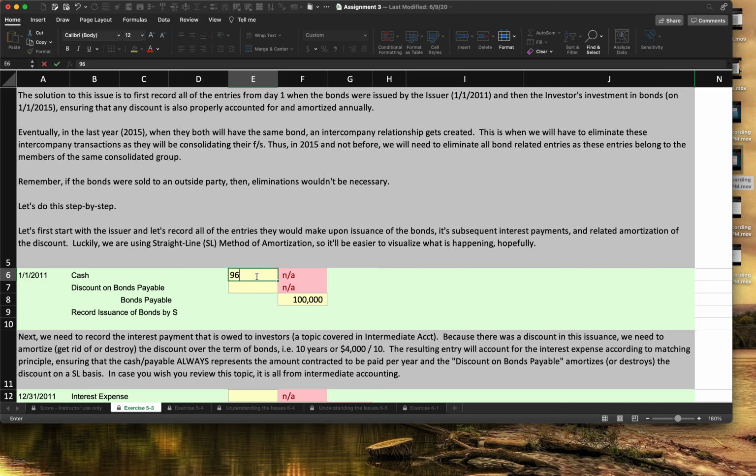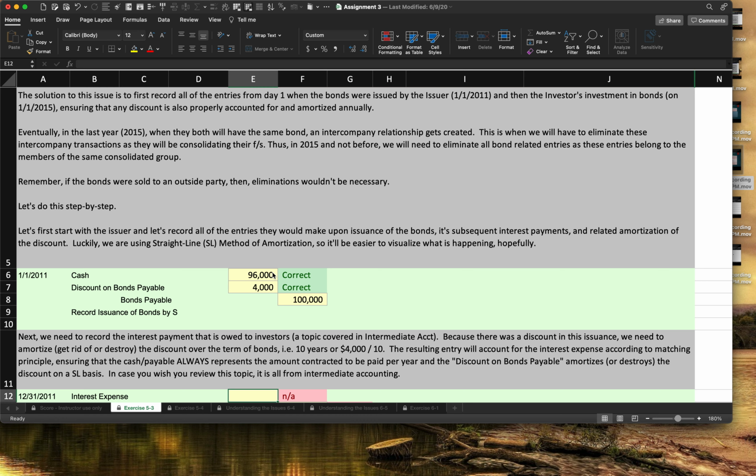We also know that we received only 96,000, because that is the discounted amount we accepted, presumably because our offering was not as hot as the offerings in the market, and thus we have a discount of 4,000, which is of course the bond face value minus the cash that we received.